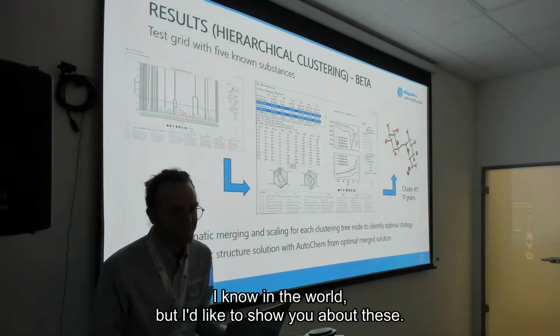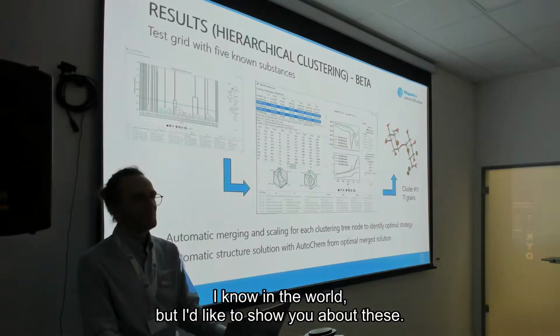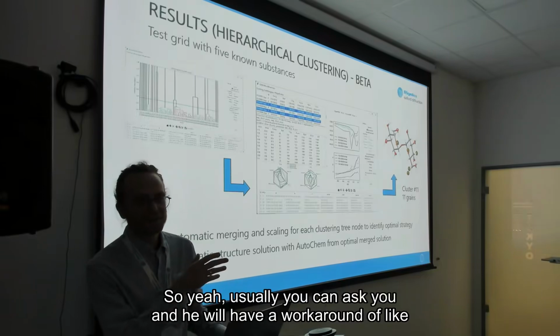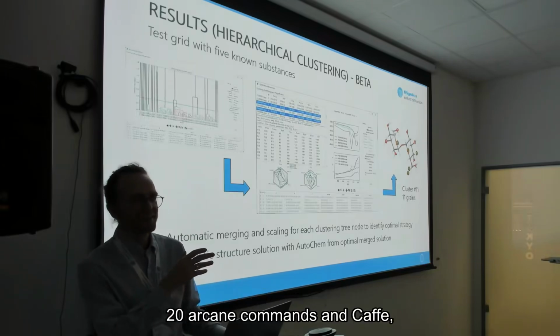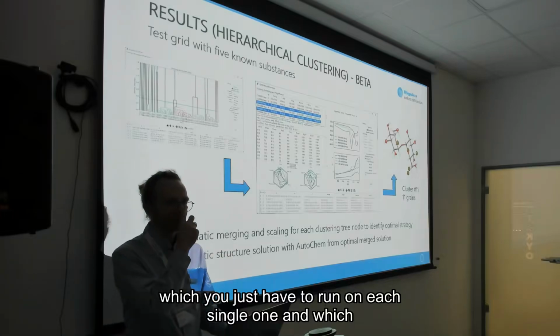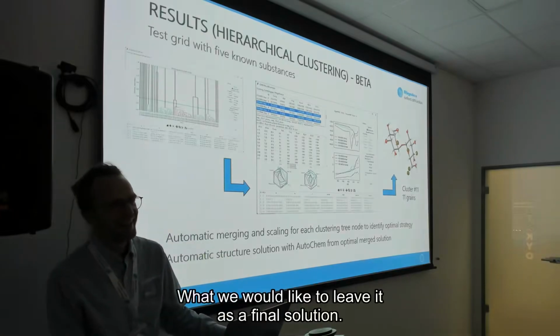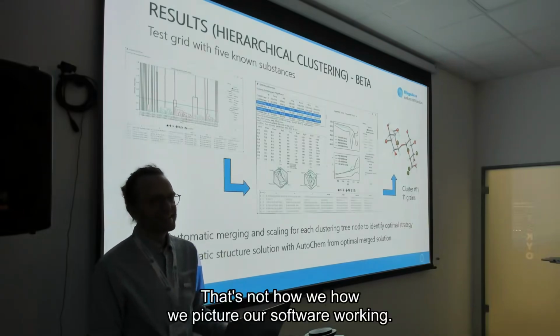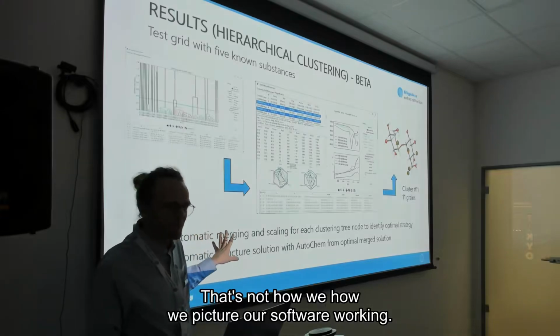It's stupid. I know. There is a workaround I can show you, but it's not really... Yeah, no, usually you can ask Jakub and he will have a workaround of like 20 arcane commands in CAP, which you just have to run on each single one. It's not what we would like to leave as a final solution. Yeah, that's not how we picture our software working, you know.